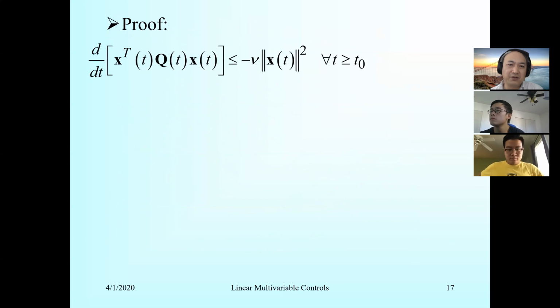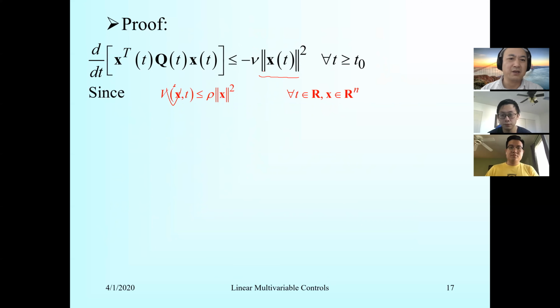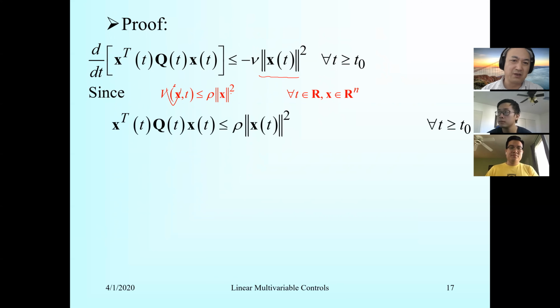So we go through this proof. This is V dot. We know that V dot is less than minus V, so it's bounded by the x norm squared. Remember, we assume V is upper bounded by rho times x norm squared.